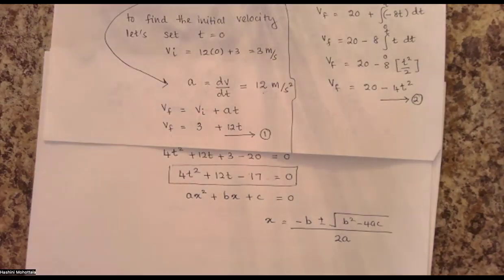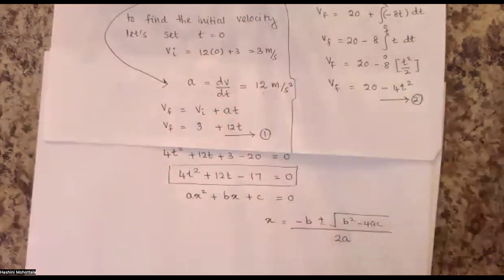Once you find that time, you can substitute it in one of the equations and find the velocity, and that's what the problem asks. The reason I am doing this slowly and on record is that you should expect something like this on the exam.